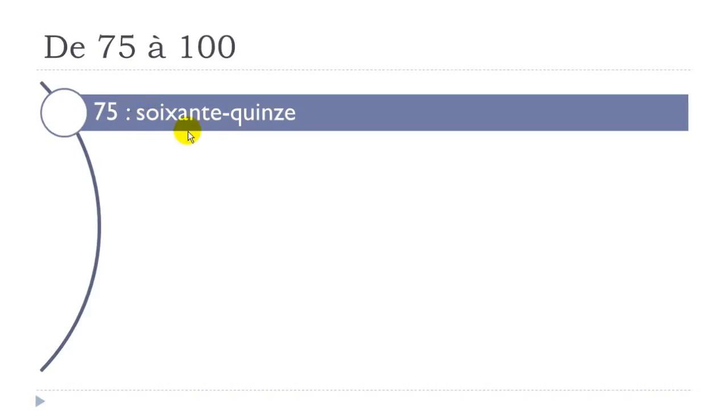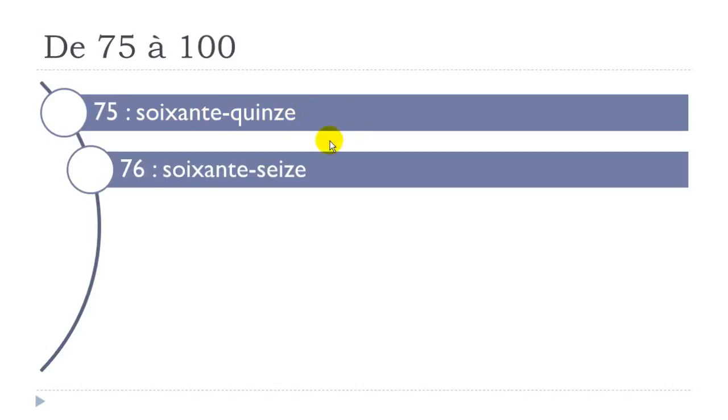You will have to put this 60, and then the numbers from 10 to 19 after. Sorry, yeah, 19. Okay, so in that case it's 75, 60 and then 15. Next one, 76, so 60 and 16, all right.